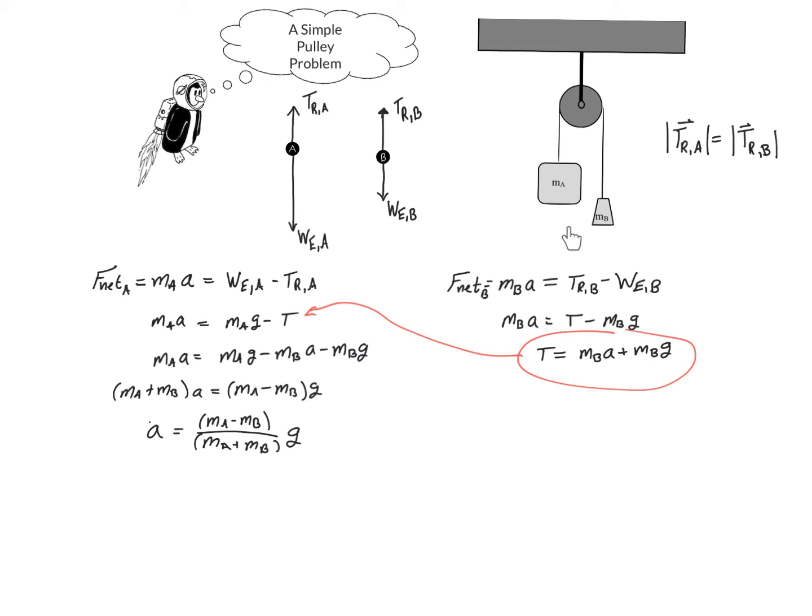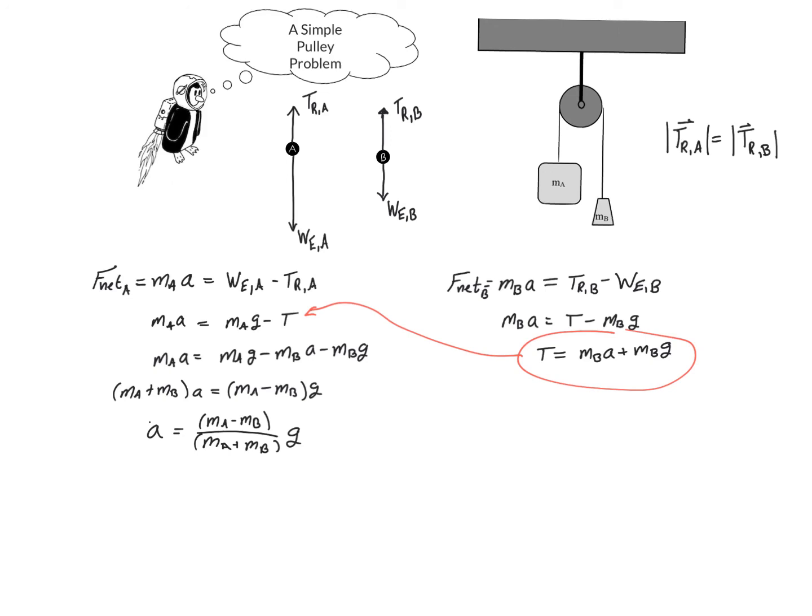It's essentially going to be free fall if you don't attach a significant mass to it. And what happens if B were actually bigger? Then mA minus mB, we'd end up with a negative sign here, which would mean our acceleration is in the opposite direction. But since we defined this as the positive direction, the opposite direction would just mean we rotate the other way. So it seems to check out.